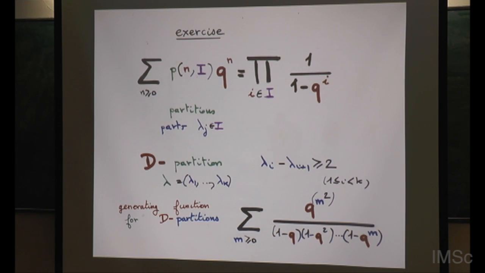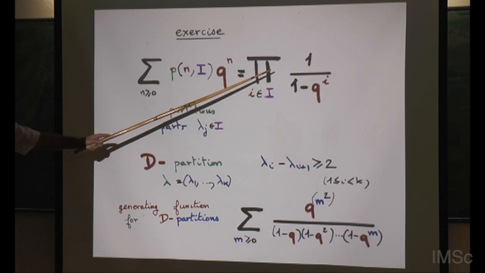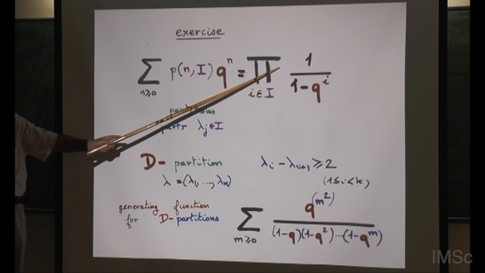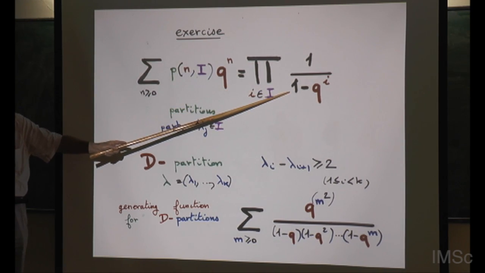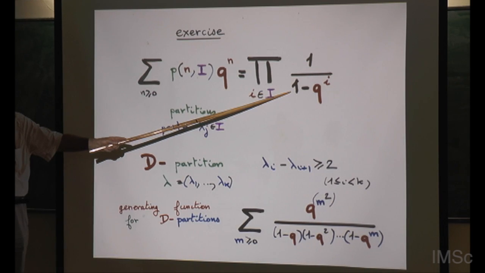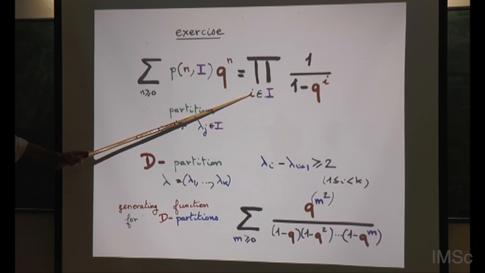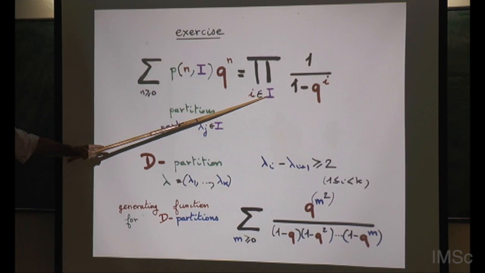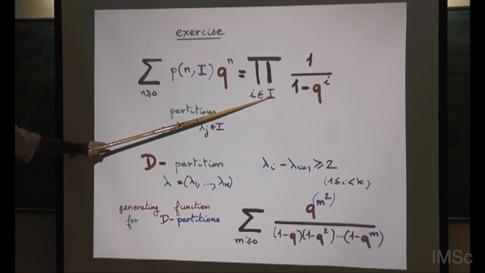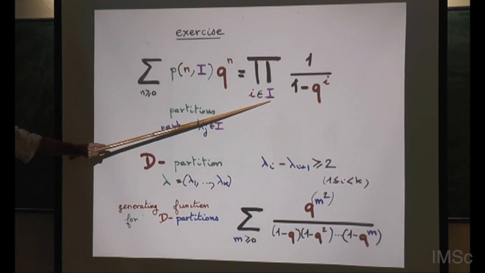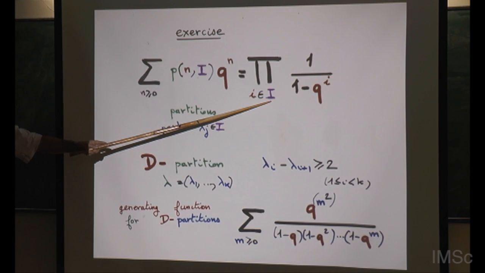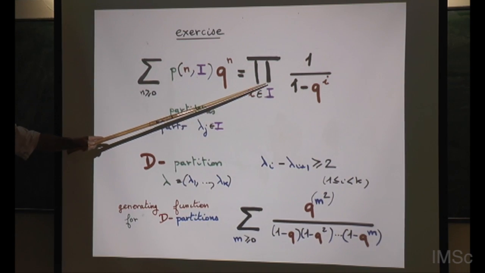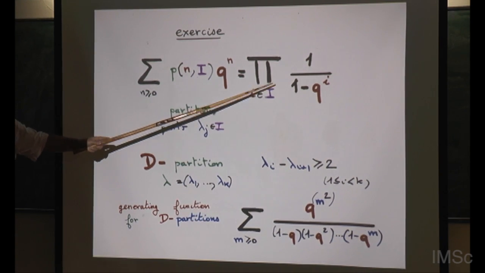Allez, a few exercises. So instead of taking the whole infinite product, which is the generating function for all partitions, you limit this infinite product to all the indices i which belong to a certain fixed subset, capital I. Fix this subset, finite or infinite, and you take this infinite product.